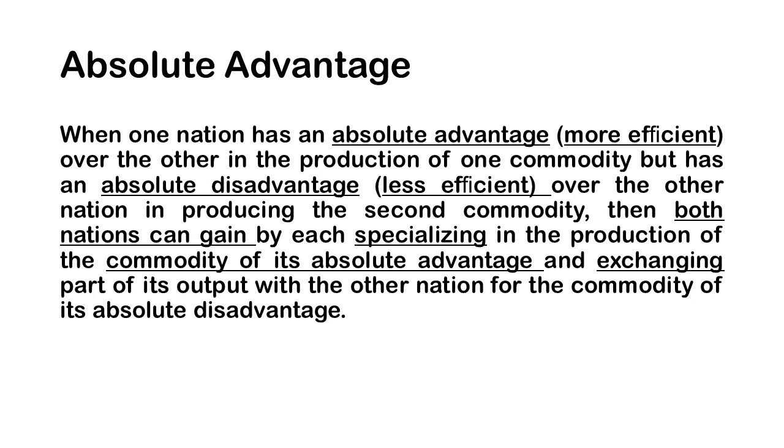So absolute advantage theory says that when one nation has an absolute advantage over the other in the production of one commodity but has an absolute disadvantage over the other nation in producing the second commodity, then both nations can gain by specializing in the production of the commodity of its absolute advantage and exchanging part of the output with the other nation for the commodity of its absolute disadvantage.